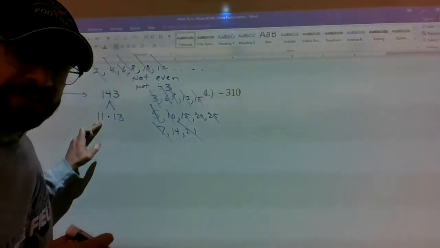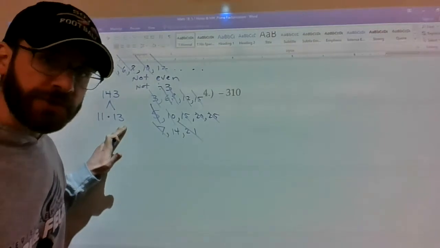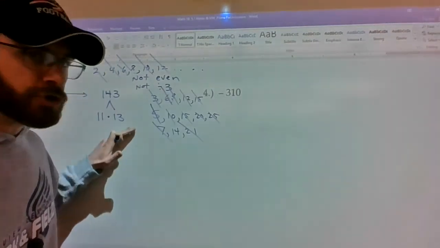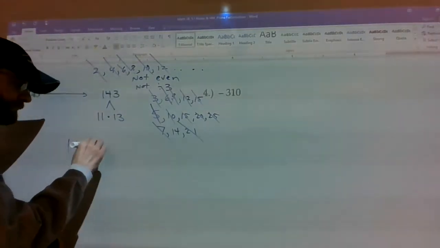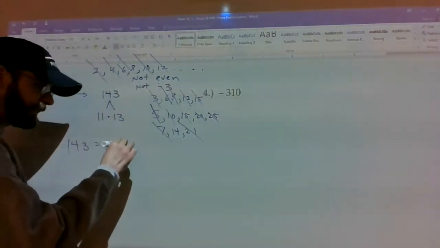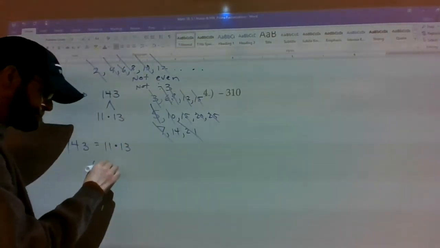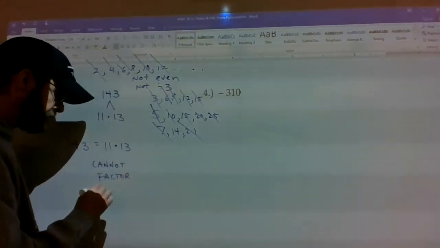Prime means it only divides 1 and itself. 13 is also a prime number. It only divides 1 and itself. So there's no more breaking 143 down. 143 ends up being 11 times 13. Can't break down any further. Cannot factor further.